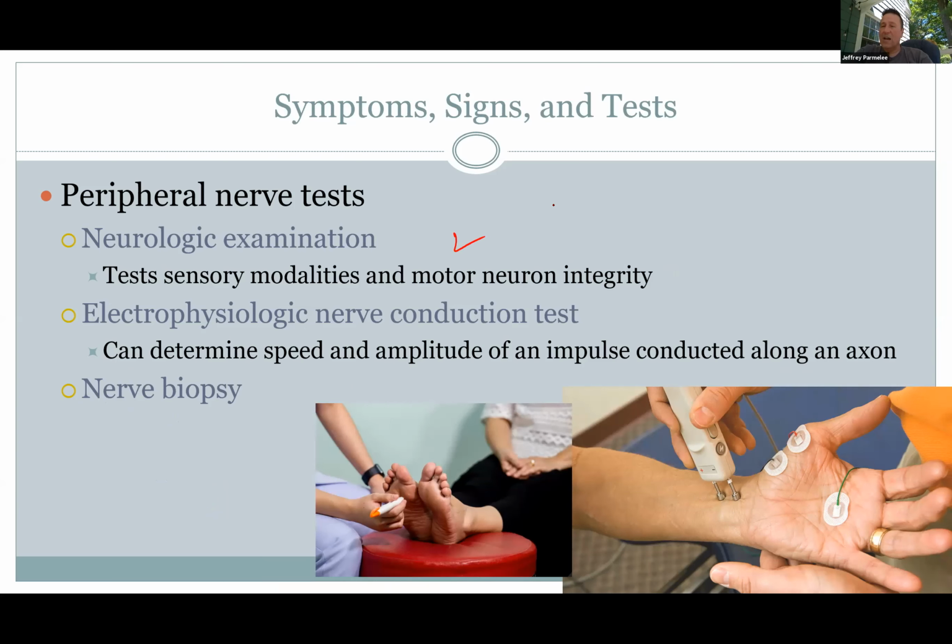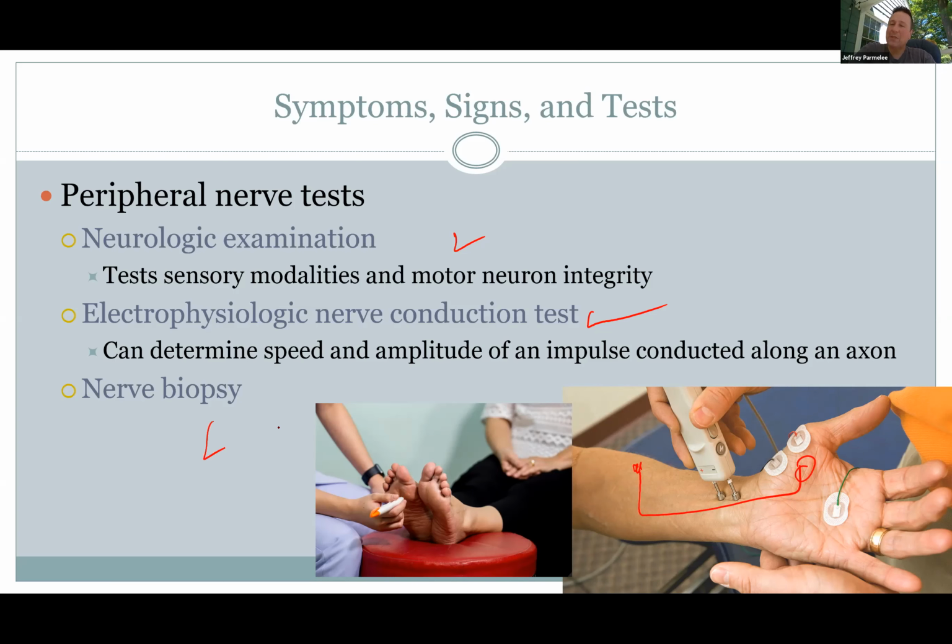You can also do a nerve conduction test. We do this in my A&P class: you apply some electricity and measure when the muscle contracts. If you know the distance, you can get the nerve speed. In some diseases the nerve speed is greatly slowed down. If you break down the myelin, it's going to make it a lot slower.